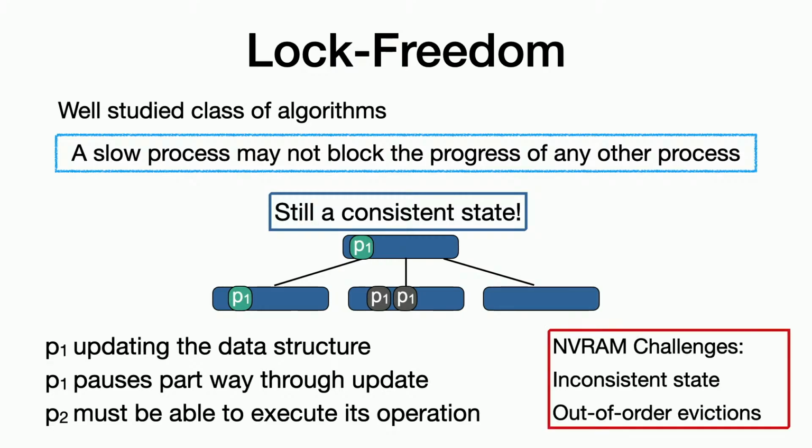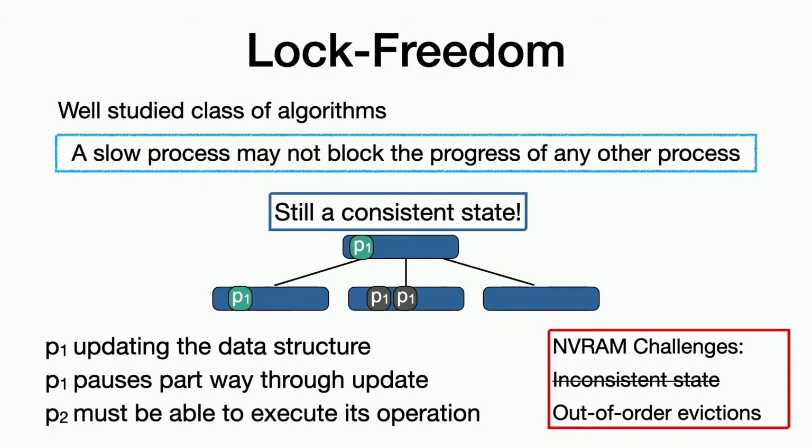Okay, so we had these 2 NVRAM challenges. The first one is that if we stop in the middle of an operation, we might not know how to continue it. That's taken care of if you design your algorithms to be lock-free; finding yourself in a state in the middle of an operation is fine. However, lock freedom still assumes that memory modifications happen in the order that you tell them to happen.